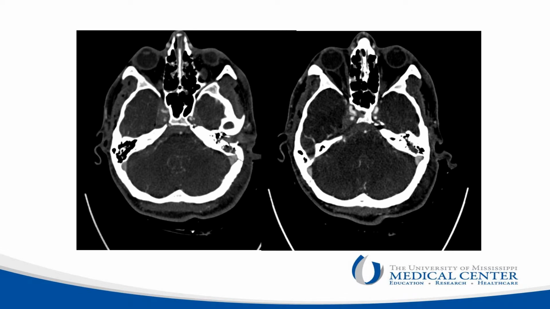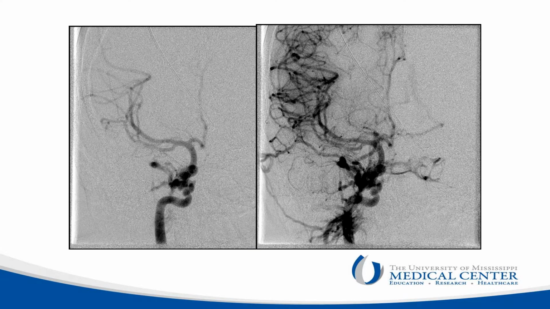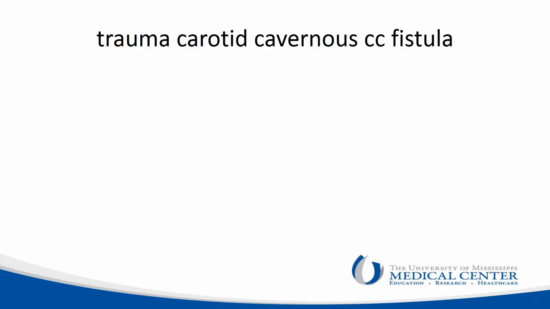There's irregularity of that right internal carotid artery and the left internal carotid artery with areas of hemorrhage surrounding. An angiogram was performed, and we can see that there's a large dissection of the right internal carotid artery with filling of the venous system. This was a traumatic CC fistula.